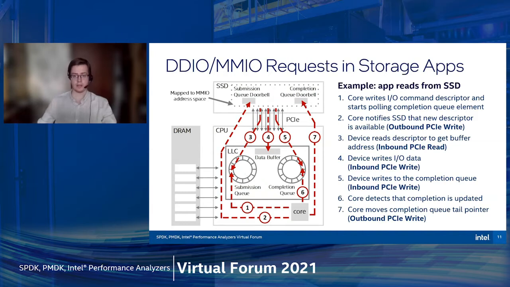Then the device sees the address in the memory where the data is expected to be, and it writes the data by this address into the CPU memory. Here we see an inbound PCI write. Then the device writes the completion to the completion queue, where the core is polling, expecting some bits of the completion queue element to change.